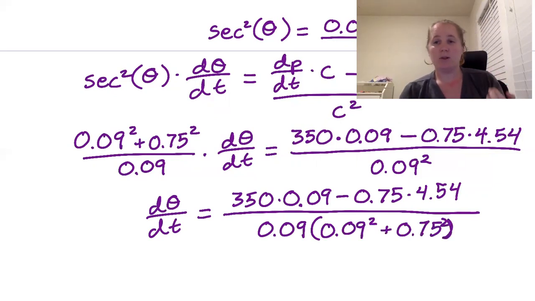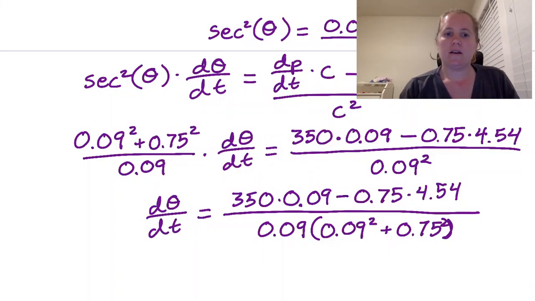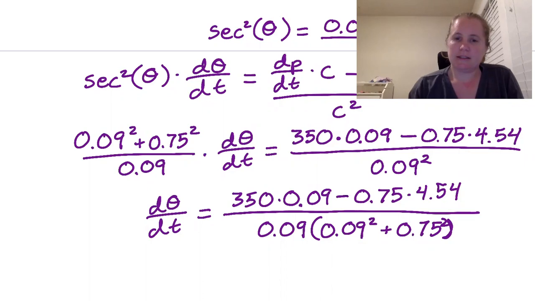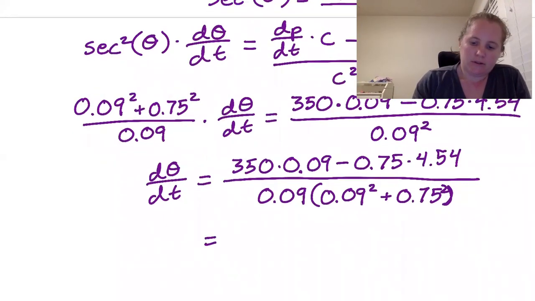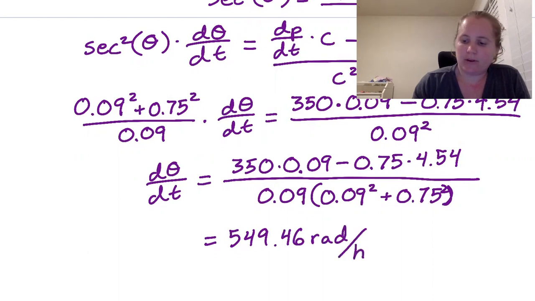And we can go ahead and plug that into the calculator. Again, the 4.54 and 0.09 are currently approximations. I will use the numbers I stored in my calculator to get the more precise values. So we wind up getting that d theta dt is equal to 549.46 radians per hour.